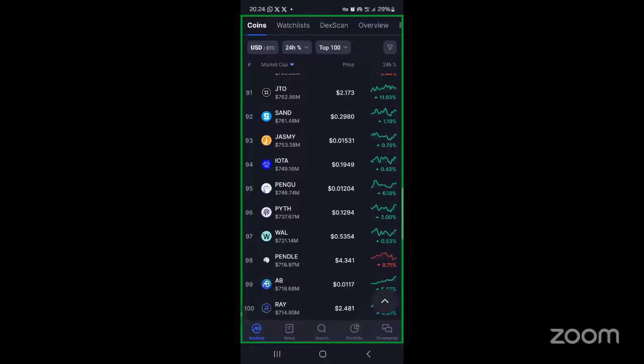Now, as you grow in experience, you are going to start increasing your risk appetite. You can now expose more of your capital in your positions.